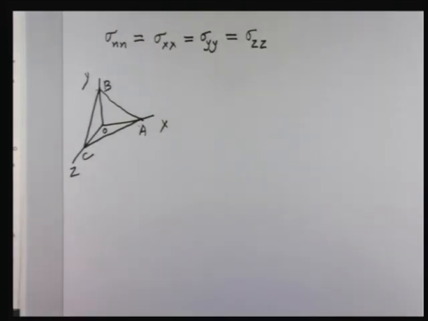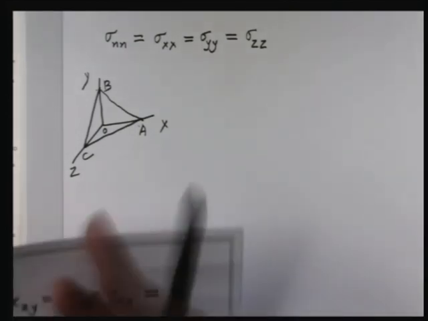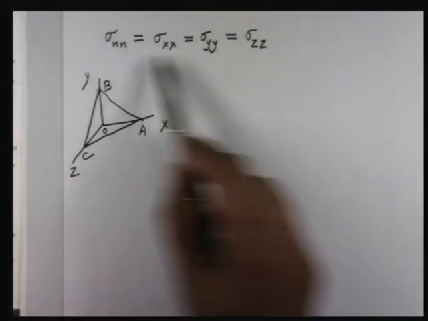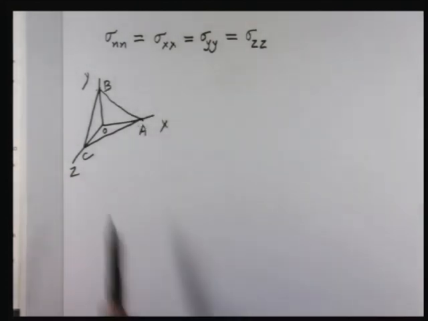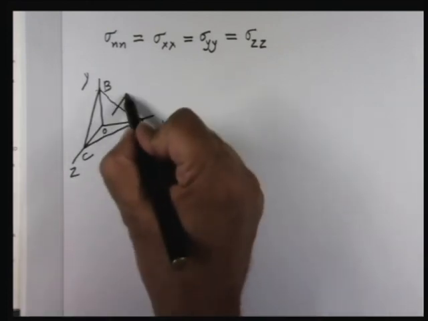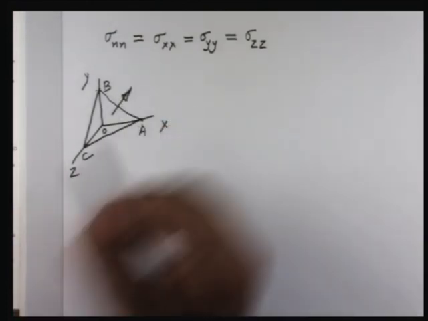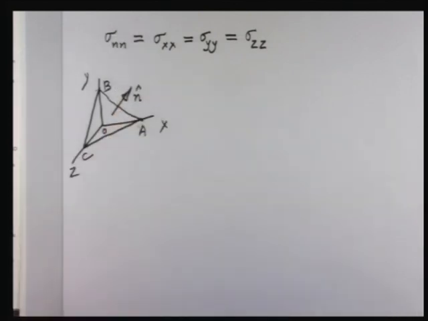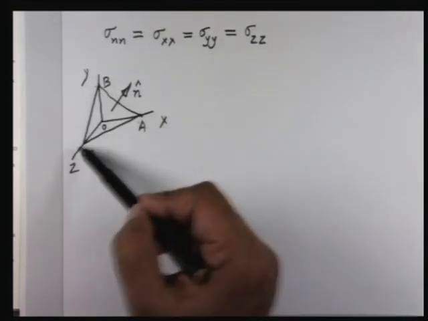And you can repeat the analysis similar to what I did. To save time, I started with the 2D, and then of course it's easier for you to see. You will get the same relation. So here you will take a sequence of tetrahedra such that their inclined surface always points in the same direction, L. So sigma NN is the normal stress on the inclined surface.